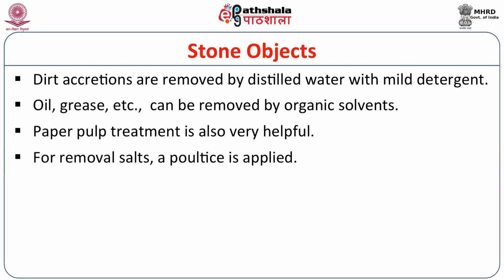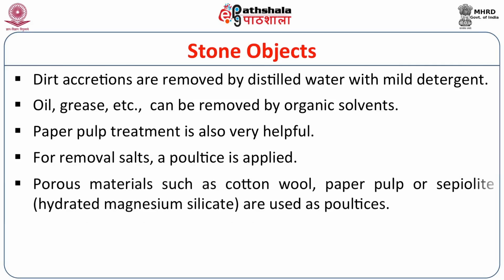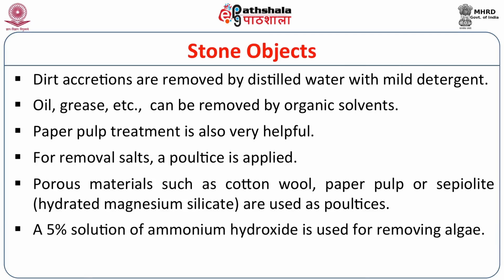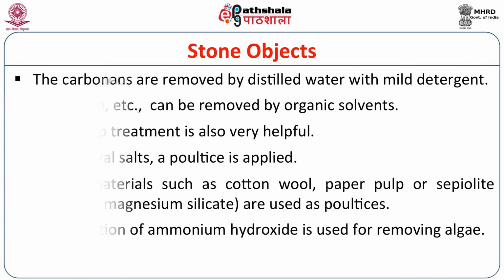For removal of salt, a poultice is applied. Porous materials such as cotton, wool, paper pulp or sepiolite are used as poultices. A 5% solution of ammonium hydroxide is also used for removing algae.